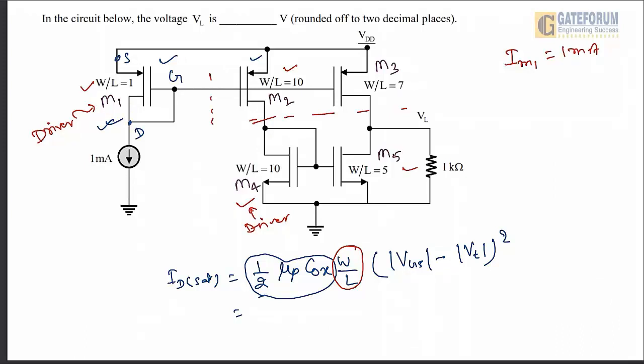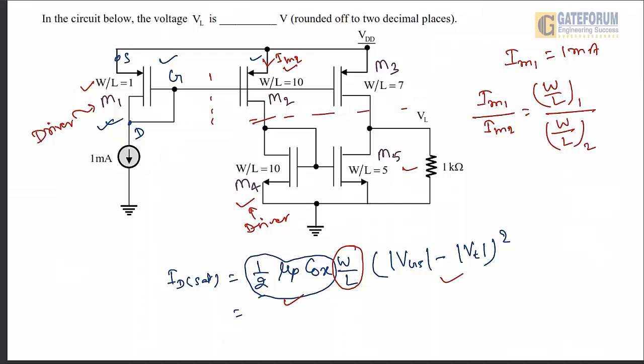As a ratio for M1 and M2, how will it change? IM1 divided by IM2, if all the parameters are the same, will depend upon their W by L ratio: W by L of M1 divided by W by L of M2. So IM2 is W by L of the second transistor divided by W by L of the first transistor, into IM1.